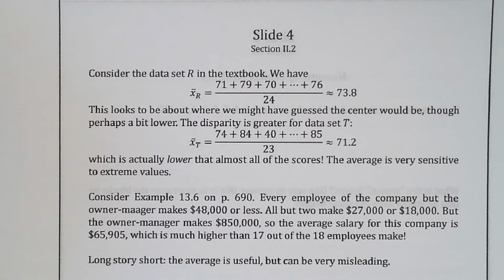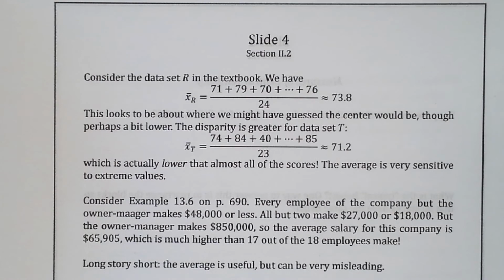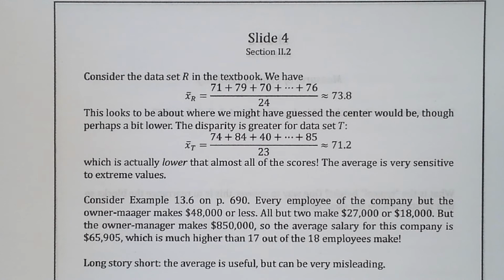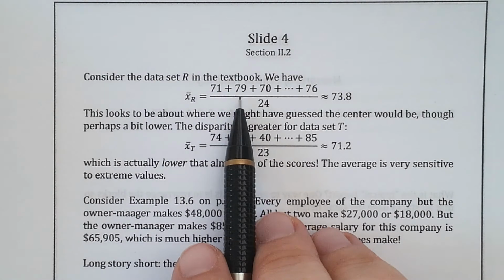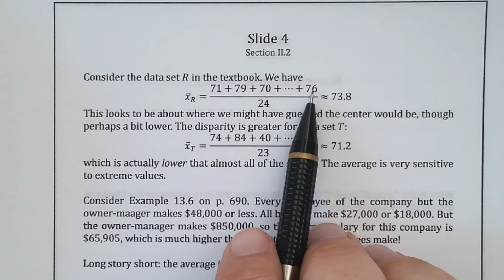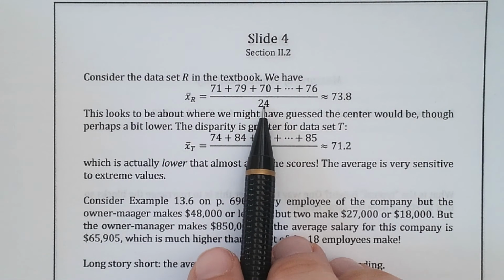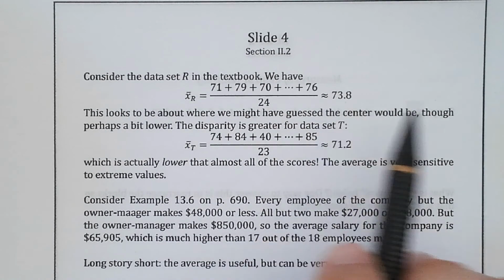So consider the data set R in the textbook. Make sure to take a look at that. It's on page 686. So if we compute the average of that data set, we add up all the scores, 71, 79, 70, and so on, all the way to the last score, which is 76. Divide by the total number of scores, which is 24, and we get about 73.8.